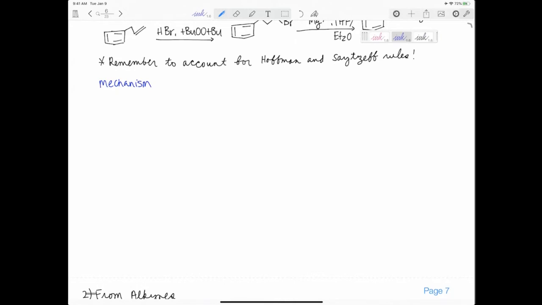It's pretty similar. So let's just start with this. I have methyl here and bromine here, and I treat this with magnesium to give me this product here.